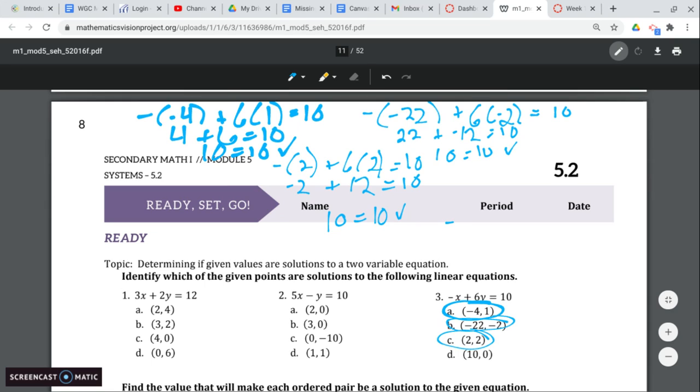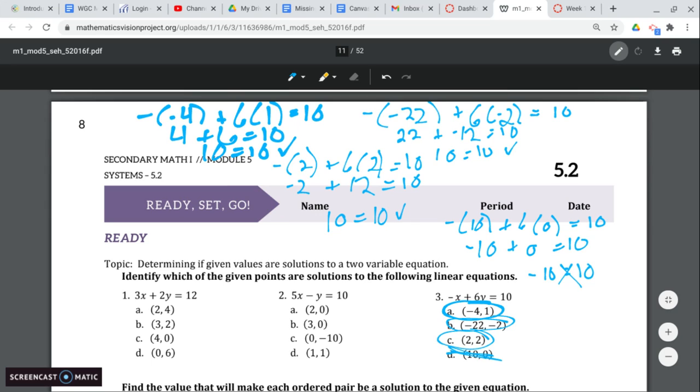That means we're going to have negative, parentheses, 10 plus 6 times 0 equals 10. Negative times 10 is negative 10, plus 6 times 0 is 0, equals 10. So we have negative 10 equals positive 10. Is this true? No. So D is not a solution. So only A, B, and C are.